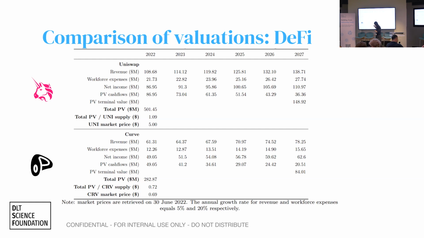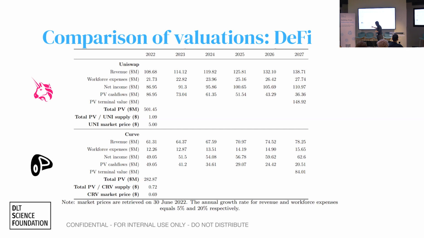Again, total present value divided by total supply, we get the number 0.72, compared with the market price at the time of data retrieval, which was end of June.